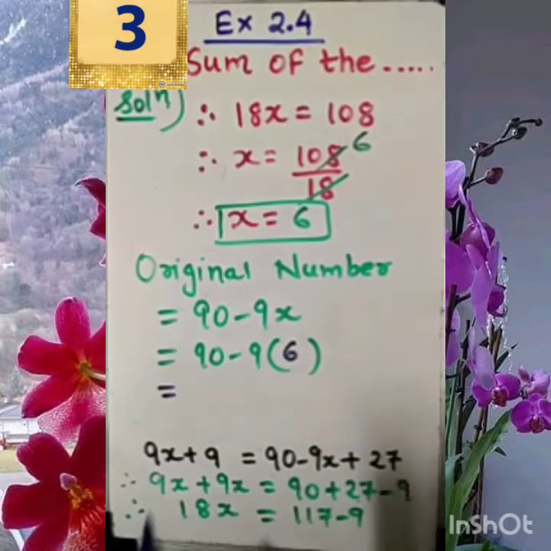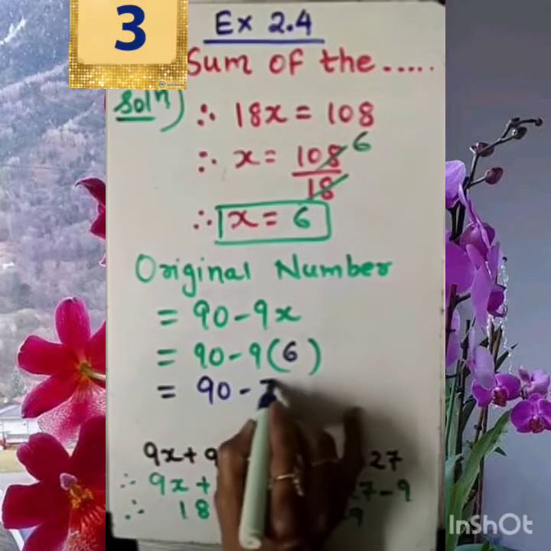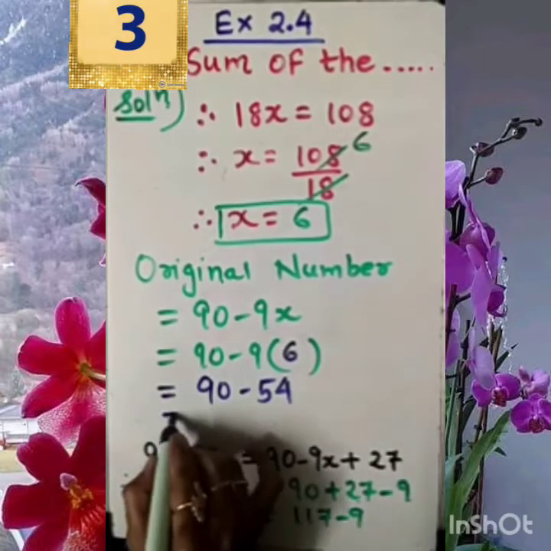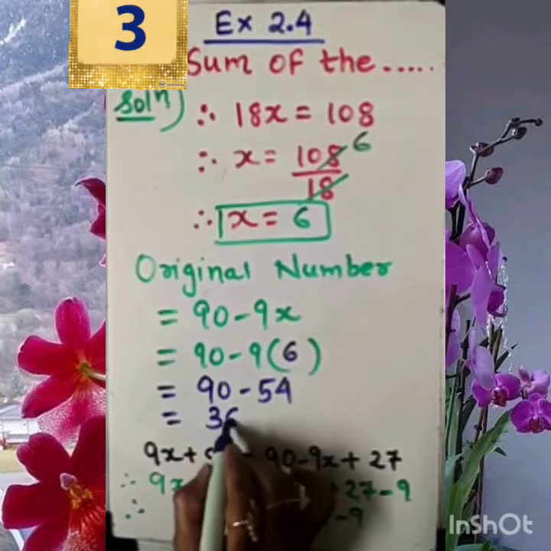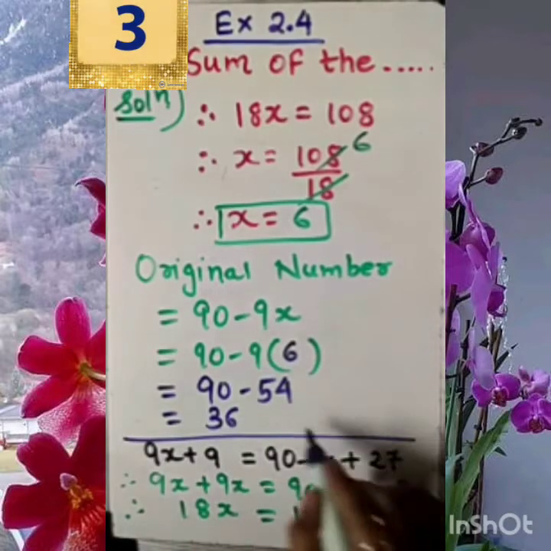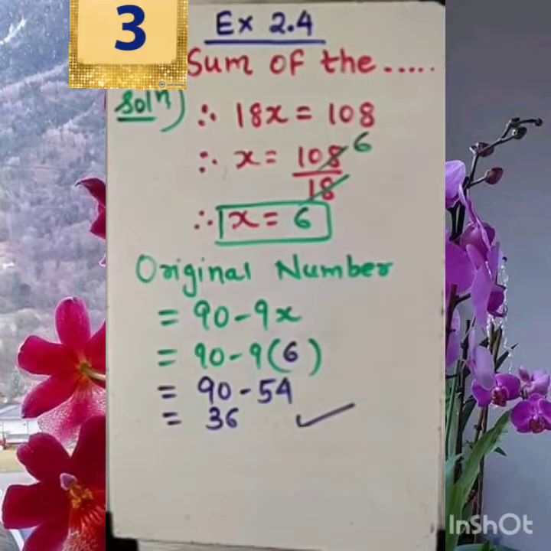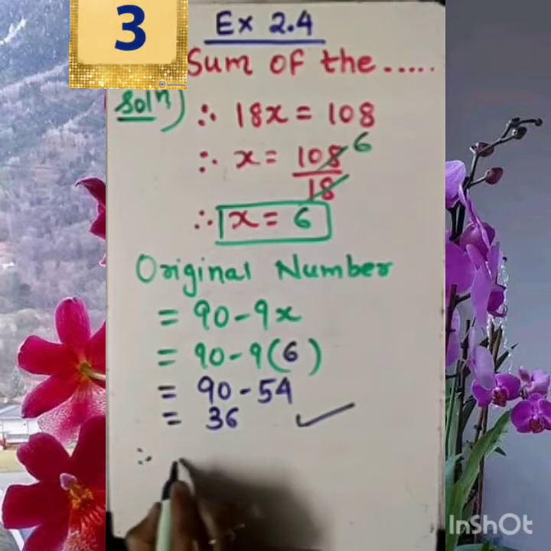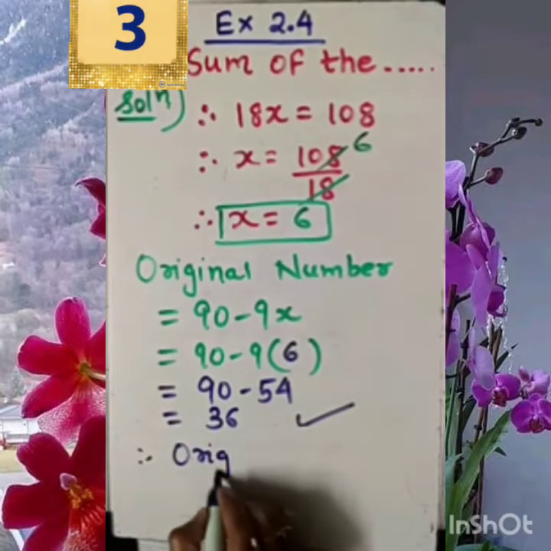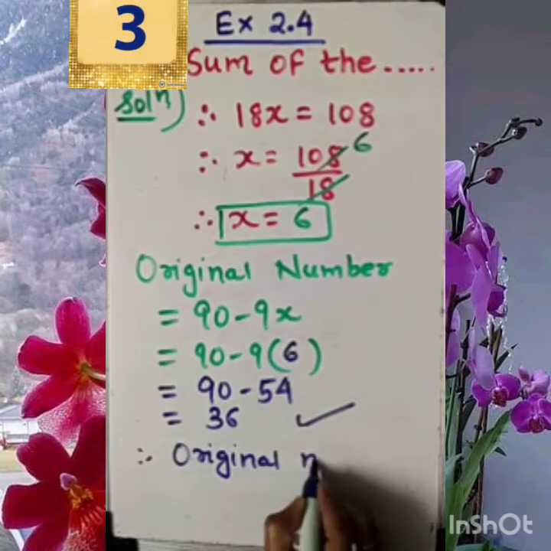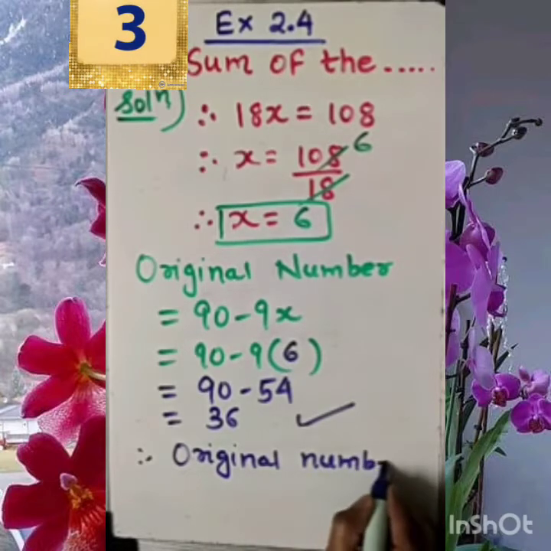So 90 minus 54 is the result, 30. Therefore, the original number is 30. This is our required result, which we are going to mention here in the sentence. Therefore, the original number is 30.